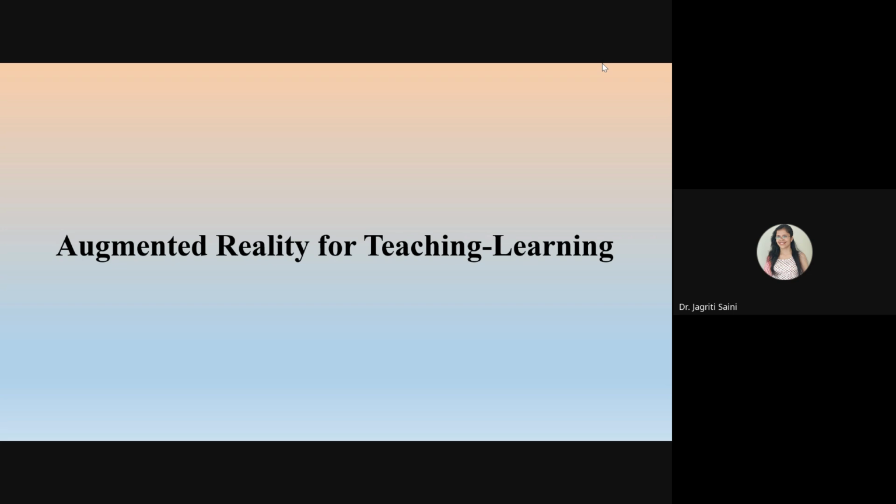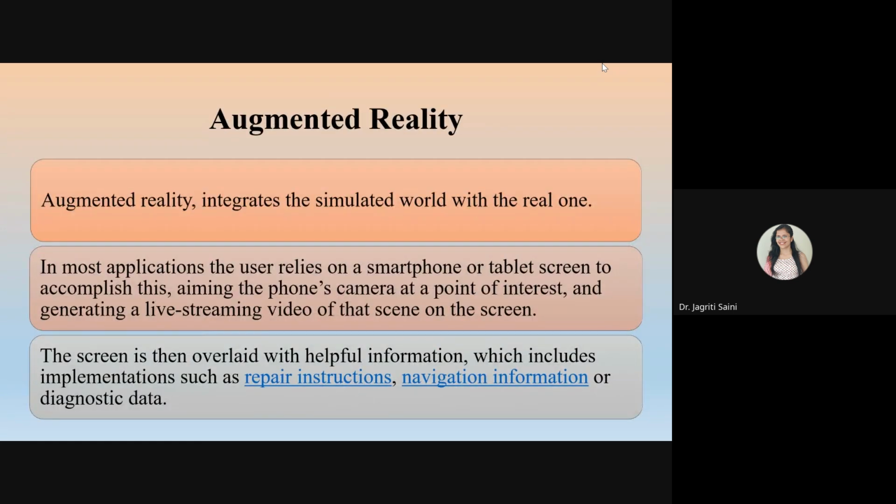Starting with the first part, that is augmented reality, and I'll show you several videos related to this. First of all, what it is all about, as I told you, is that we integrate our real world into a simulated world. In order to do this, as I highlighted recently, we need some essential hardware units that include smartphone or tablet screens.